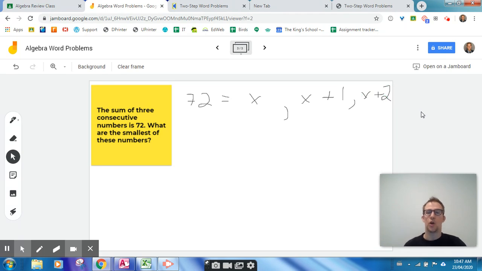Just like if you were showing the consecutive numbers 1, 2, and 3, you could say that 1 is the first number, 1 plus 1 is the next number, and 1 plus 2 is the next number. So even though we do not know what x represents yet, we can still write that it's consecutive by adding 1 or adding 2. So the terms are first number, second number, third number.